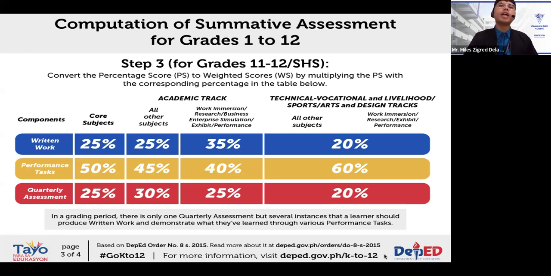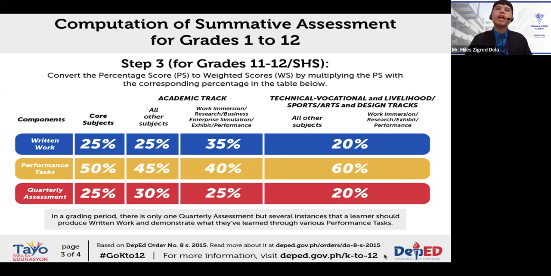For all other subjects under the academic track, written work is 25%, performance tasks 45%, quarterly assessment 30%. For work immersion, research, business enterprise simulation, exhibit, and performance, written work is 35%, performance task 40%, quarterly assessment 25%.